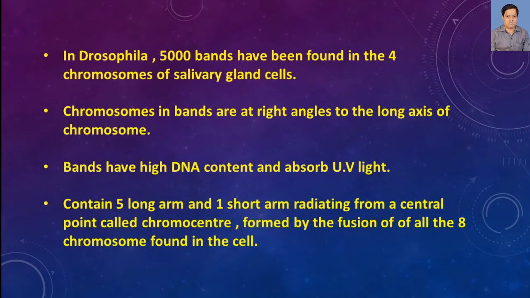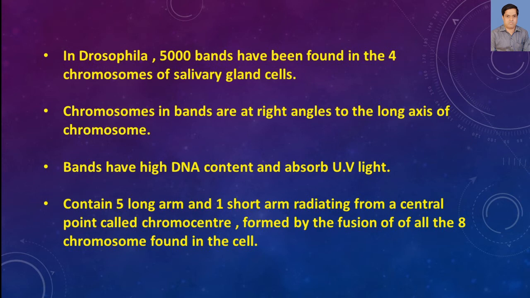In Drosophila, it has been found that 5,000 bands are present in the 4 chromosomes of salivary gland cells. And the bands in the polytene chromosomes are situated at right angles, that means at 90 degrees, to the long axis of the chromosome. The bands have high DNA content and absorb ultraviolet light.